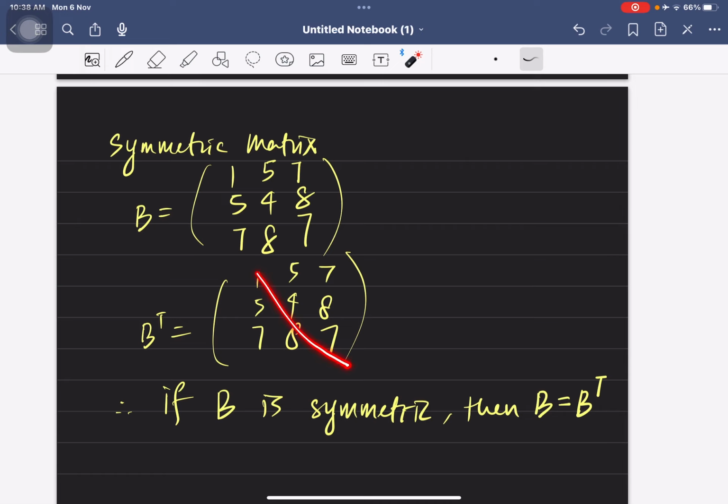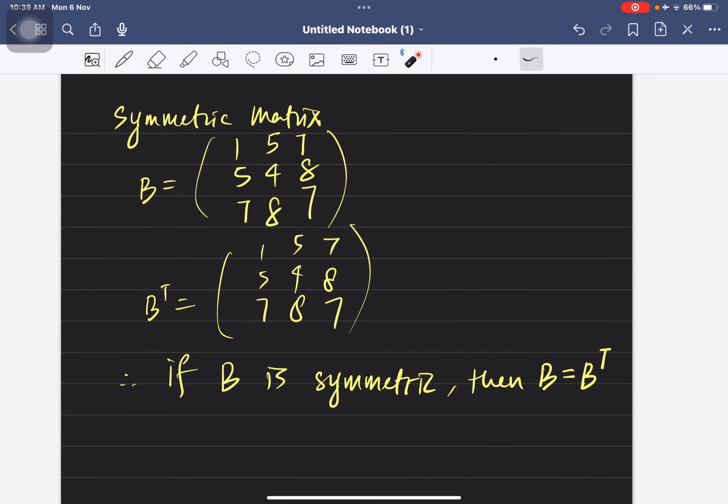Usually they give you an unknown and want you to find it, but they never tell you directly. They will tell you the transpose is the same as the original one, and you must know it's a symmetric matrix, or vice versa. It depends; we will look at the question and solve it.